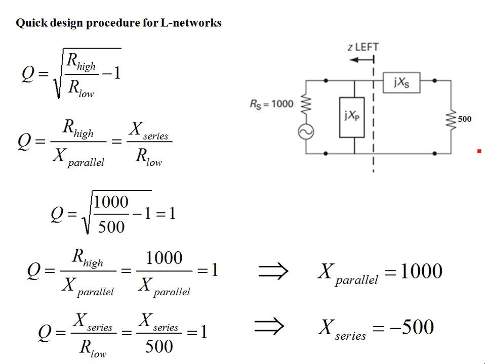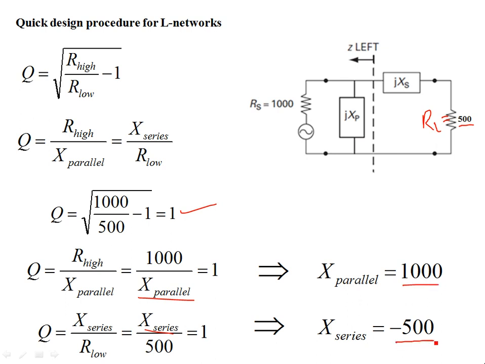Now, again, if you're going to increase the load resistor RL to 500, this ratio becomes small, and the quality factor reduces. This Q becomes equal to 1, and then from this Q you find your X parallel and X series.